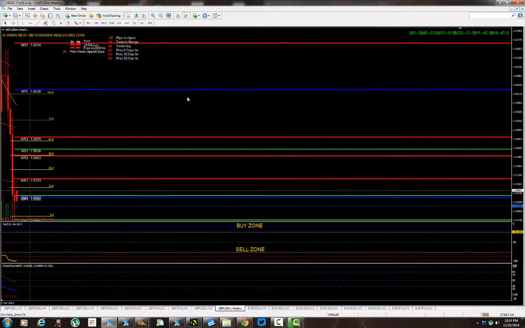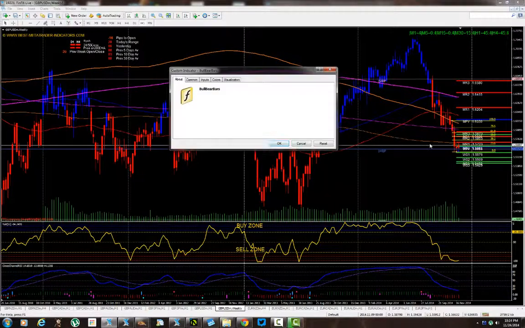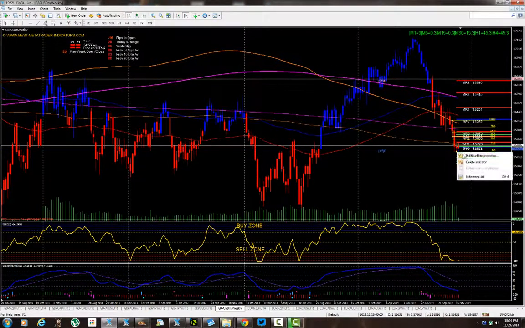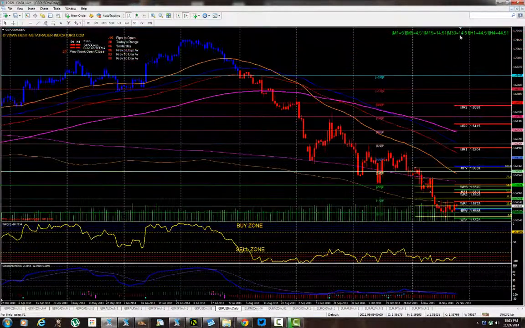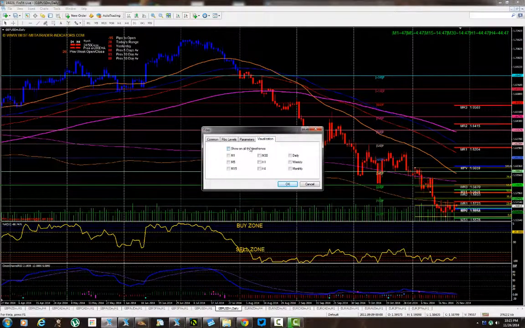However, I'm going to be a little cautious with this pair. Let's see if I can get a fib. I can't get a fib. I don't want to look at this on the weekly.